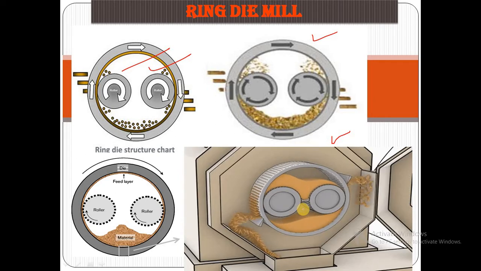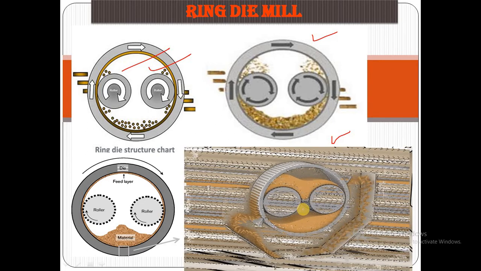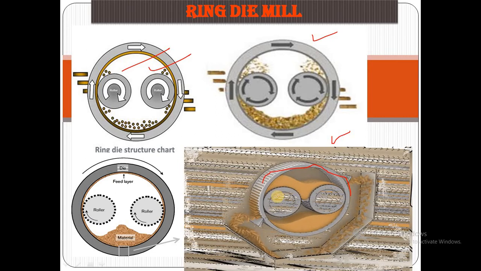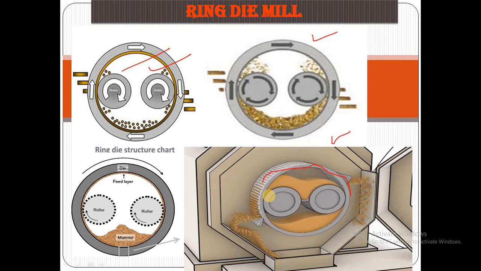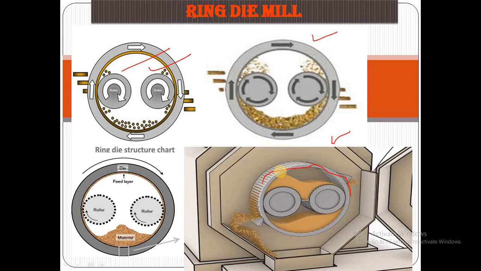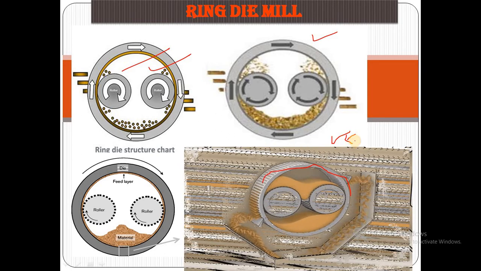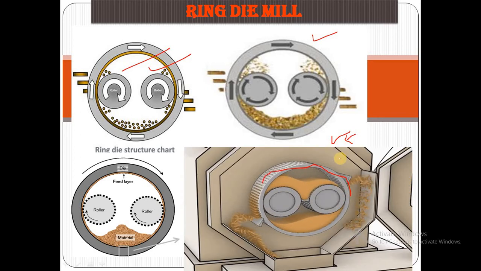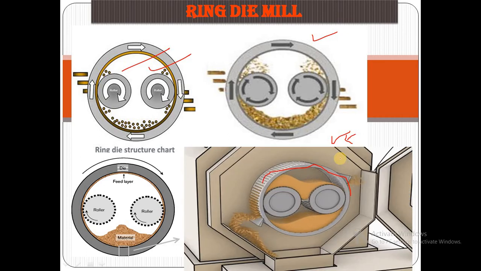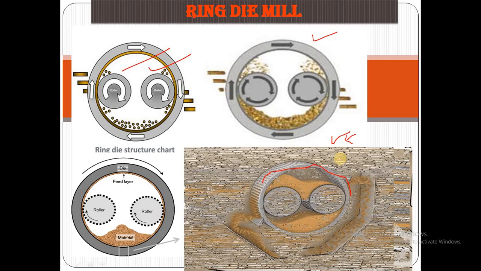In the ring die there are radial slots all around the drum. These are the radial slots, and the powder is fed inside the die from the machine. The powder is introduced and evenly distributed. Then two rollers compress the powder.